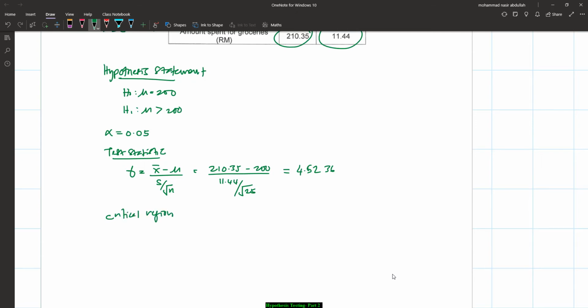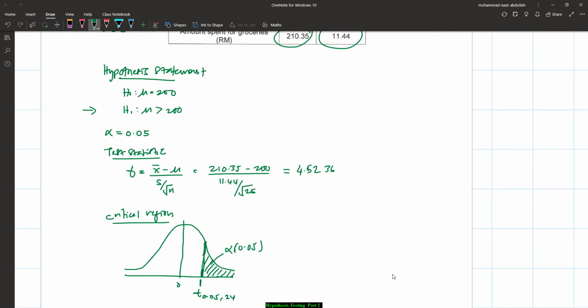Right? So then we need to find the critical region. Since the alternative hypothesis shows that it's more than, it's a one-tail test. So this is a one-tail test, it should be over here. This is alpha 0.05, right? So this critical value will be T 0.05 with degrees of freedom 25 minus 1, which is 24.